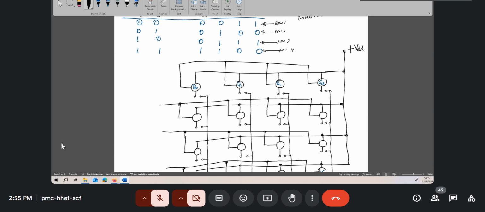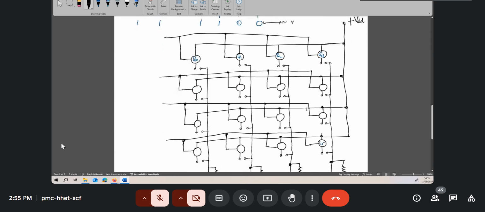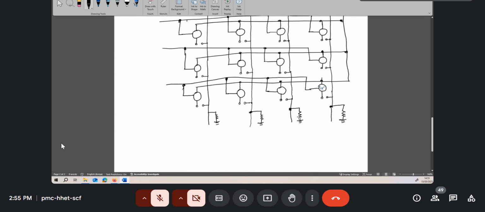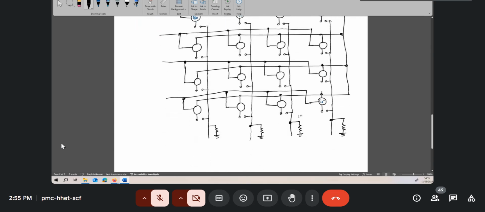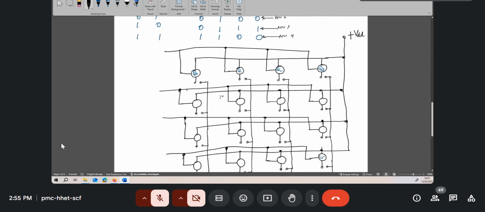Okay, so we're almost there. Where will these gates be connected to? What do you think these gates will be connected to?